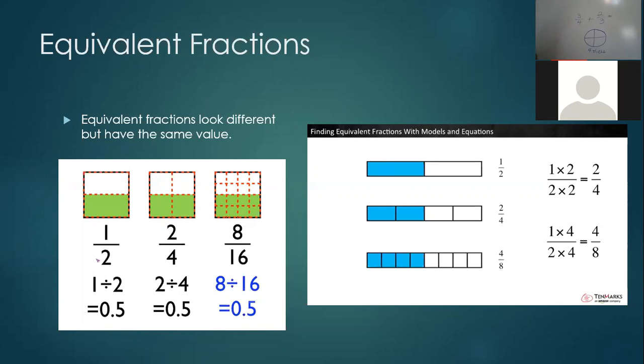All right. If it has 4 slices and I eat 2 of them, how much did I eat of that pizza? Well, you don't have to be a rocket scientist to realize that I ate half of the pizza.